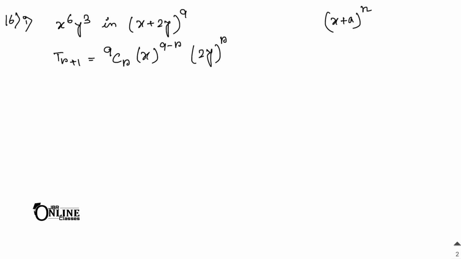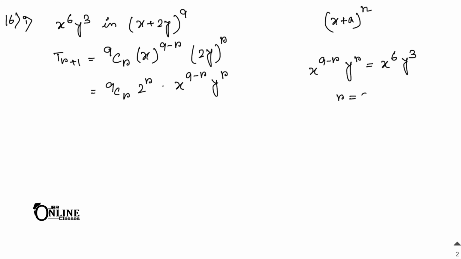Okay, is it clear? So in that case you can write down here nCr, then 2 to the power r, x to the power 9 minus r and y to the power r. Okay, and this one will be equal to x to the power 9 minus r, y to the power r, that one is equal to x^6 y cube.